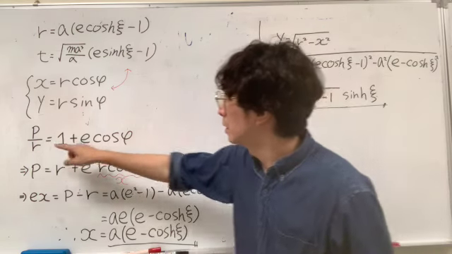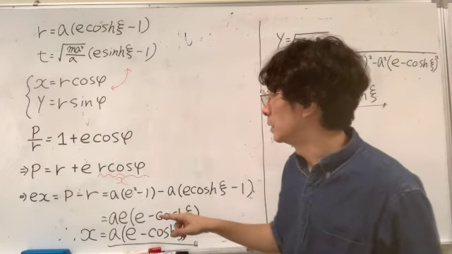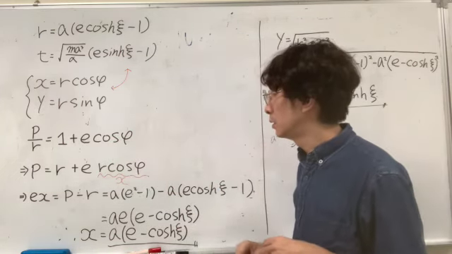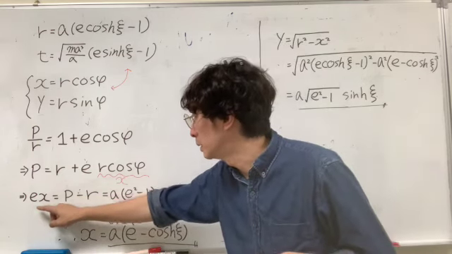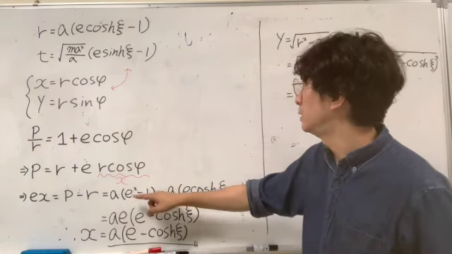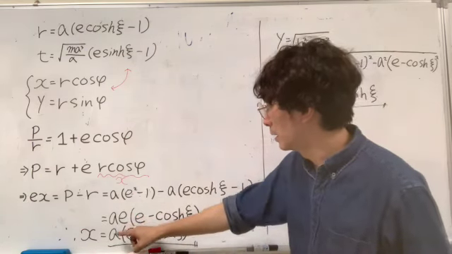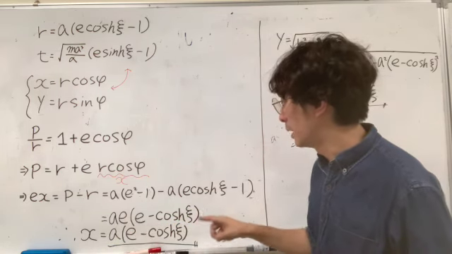By moving this r factor to this term, we can write this equation. As you can see, this term corresponds to x. By solving this equation, we can simplify it. Then finally, by inserting each factor into this equation, we can calculate x equals a e minus cosh xi.